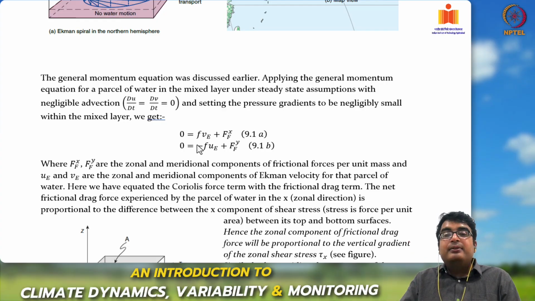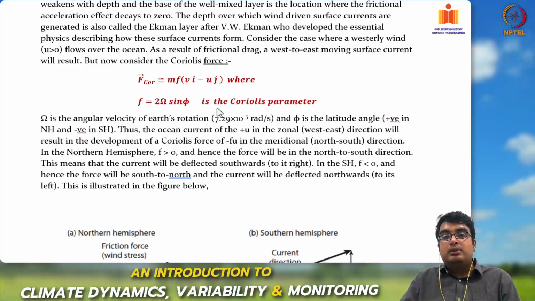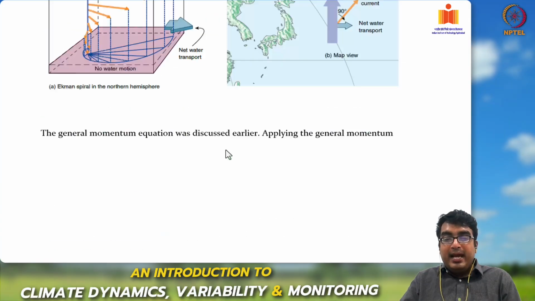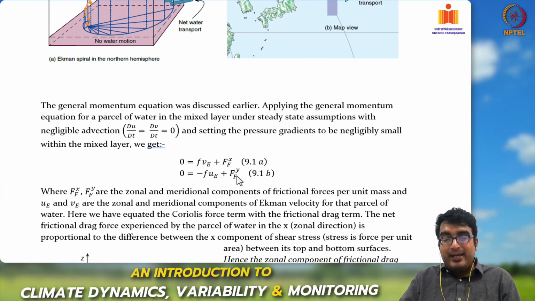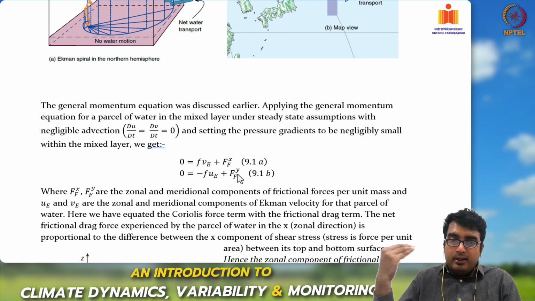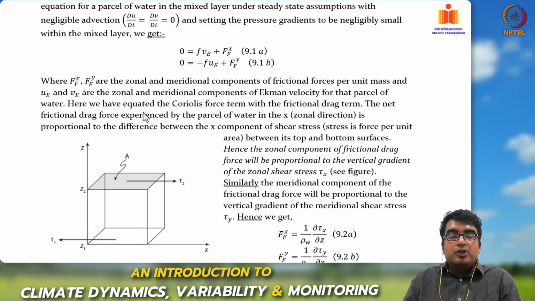Similarly, the negative f u_E, negative Coriolis parameter times the zonal Ekman velocity u_E, this parameter here, plus the frictional drag force in the y direction caused by the wind current. Okay. So F_Fx and F_Fy are the zonal and the meridional components of the frictional forces per unit mass. u_E and v_E are the zonal and the meridional components of the Ekman velocity for that parcel of water. Here we have equated the Coriolis force with the frictional drag force.